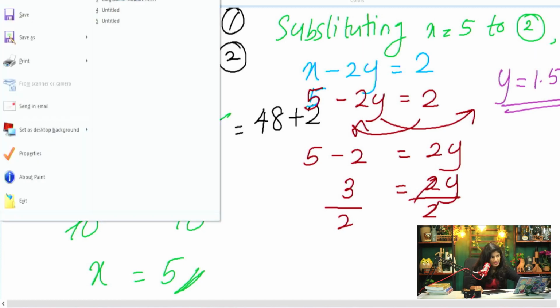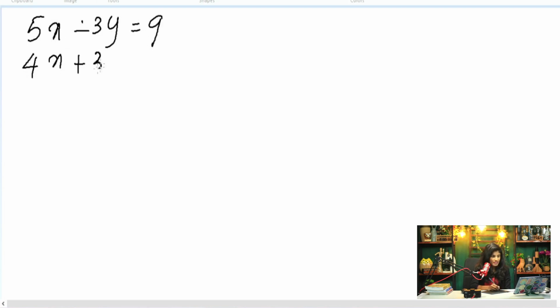So moving to the next question. 5x minus 3y equal 9 and 4x plus 3y equals 9. This is also the same type of equation which we discussed earlier. The same number is negative and positive. So what do we have to do now?